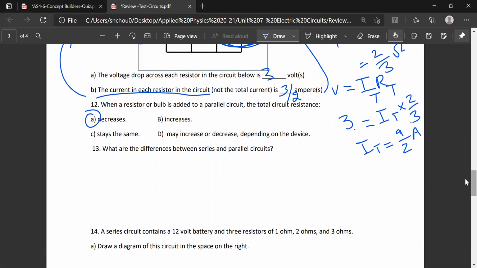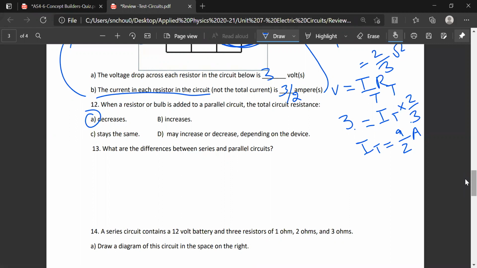I'm just going to say it out loud and you can make some bullet points. In a series circuit, the current only has one path to go. It's the same everywhere. The voltage splits. In a parallel circuit, the current splits between the different resistors, and the voltage is the same as the battery voltage for each resistor.